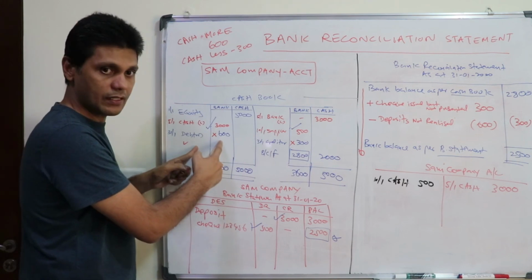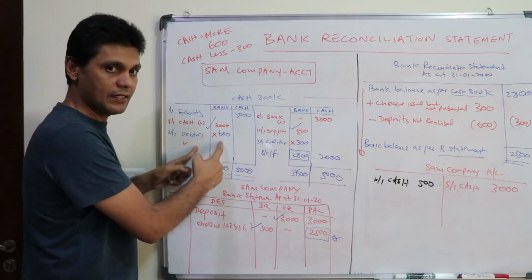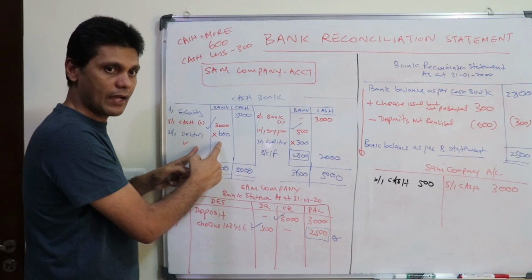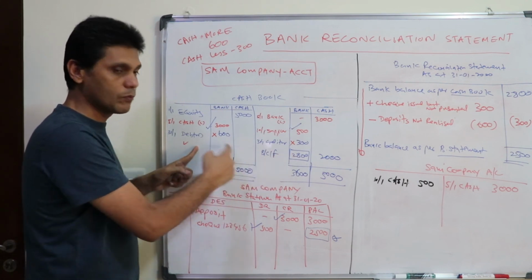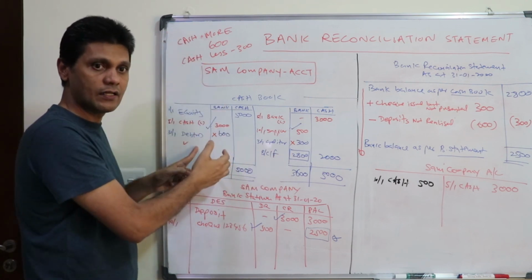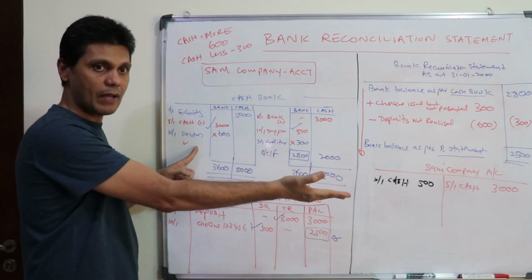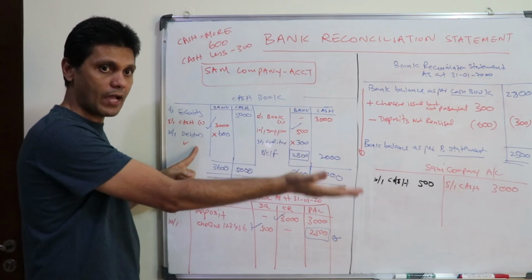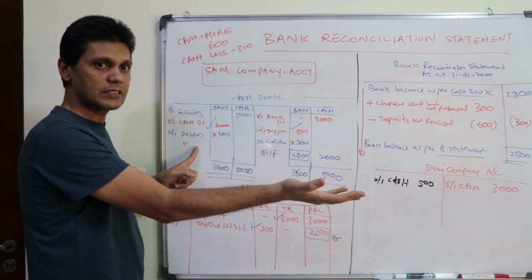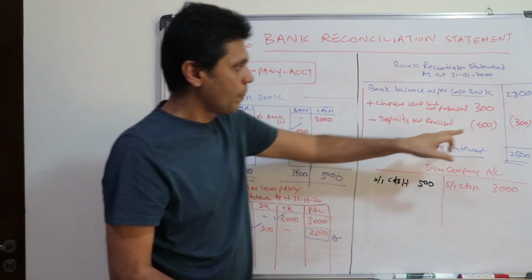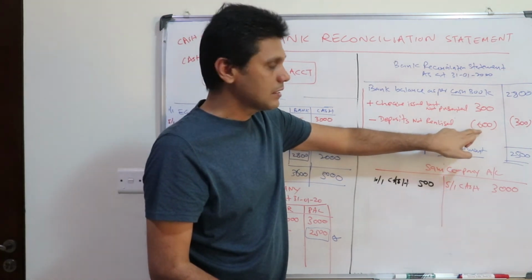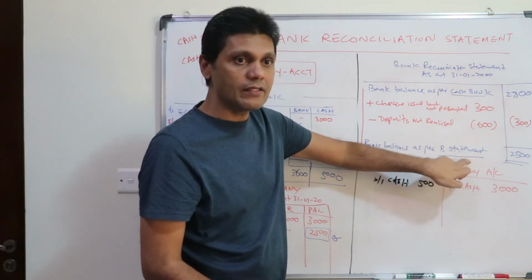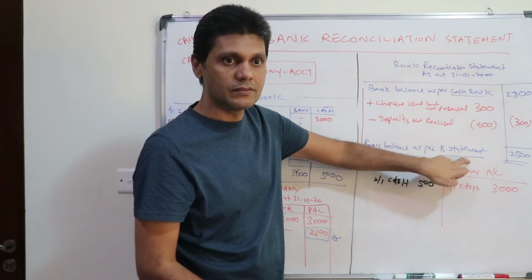One is 600. This 600 is debited to the bank account, thereby our cash book balance is more by 600, whereas it has not gone to the bank, so our bank statement balance is less by 600. So we need to deduct this 600 to arrive at the bank statement balance.